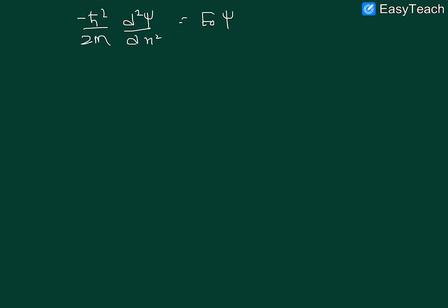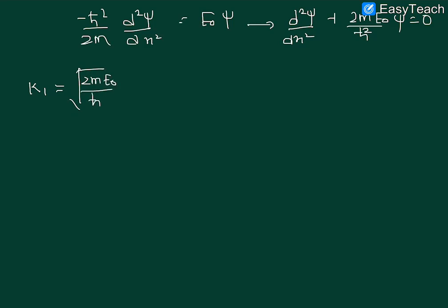If I transform, d square psi by dx square plus 2m e naught by h cut square psi equals to 0. And now if I put k1 square as 2m e naught by h cut square, then my equation becomes d square psi by dx square plus k1 square psi equals to 0.